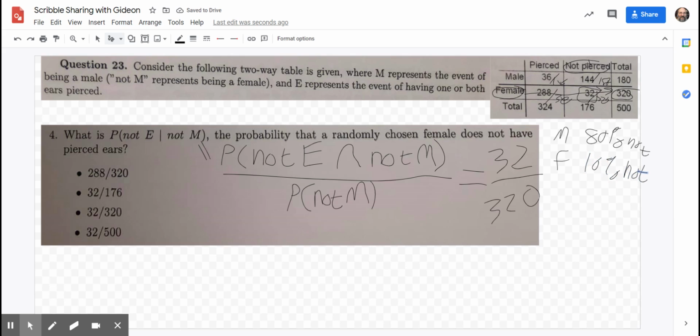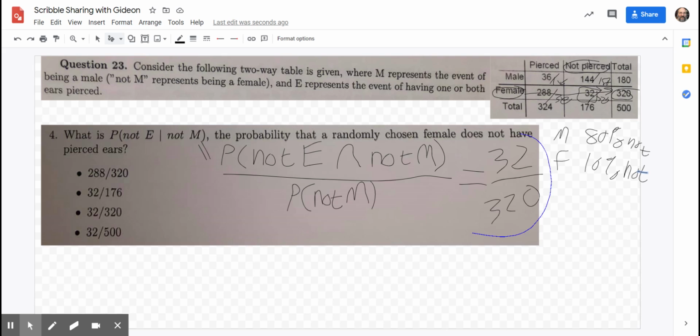So that compares the rate of piercings instead of just comparing the amount. 144 compared to 32 looks like 4 or 5 times as much. But actually, the rate of non-piercing is 8 times as much for males as females. That's just a little bonus.